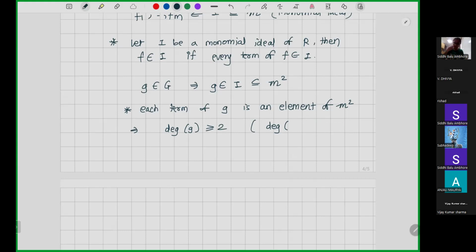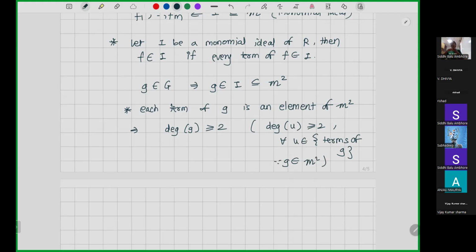I'm just creating the set of terms of G: degree of U is greater than or equal to 2 for all U in the set of terms of G, since G belongs to M square.